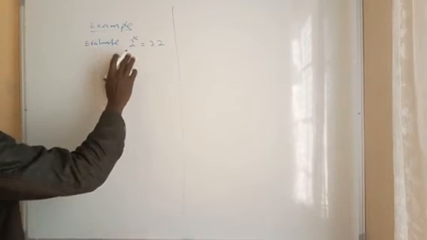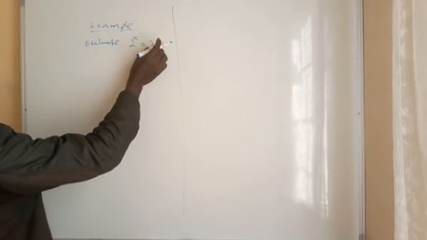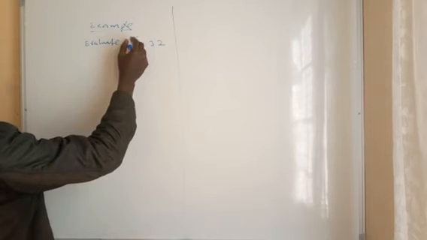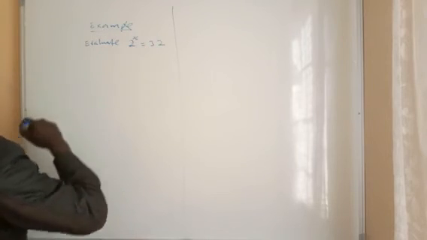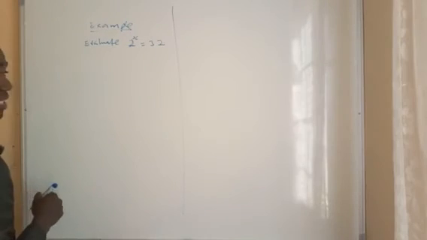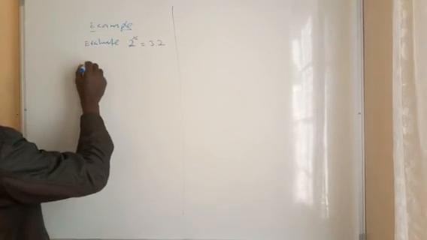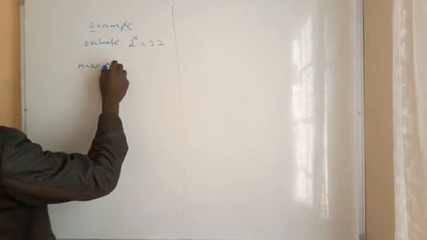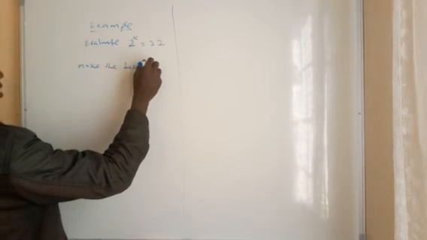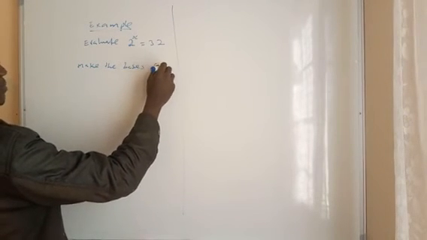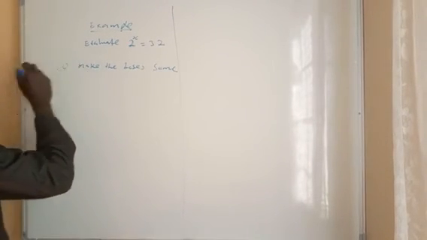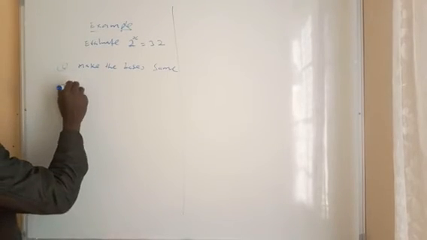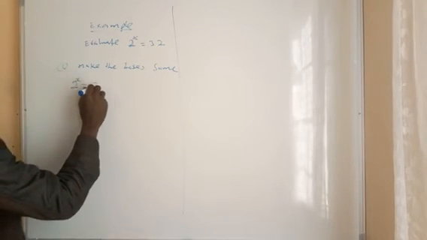What to do is find the factors of 32 with respect to 2, because we want to make the bases the same. That is always the first thing to do. So we have 2 power x is equal to 32.